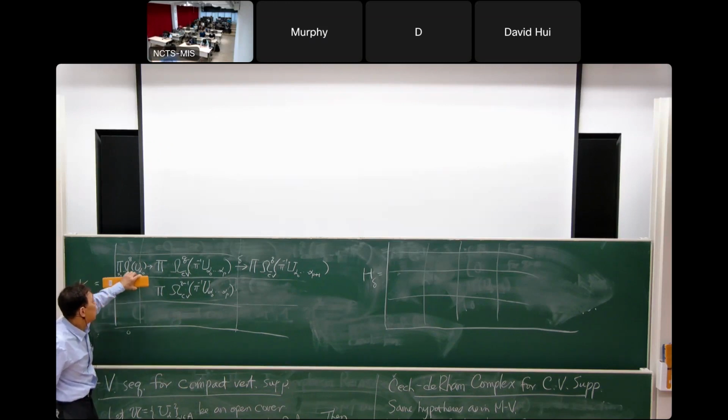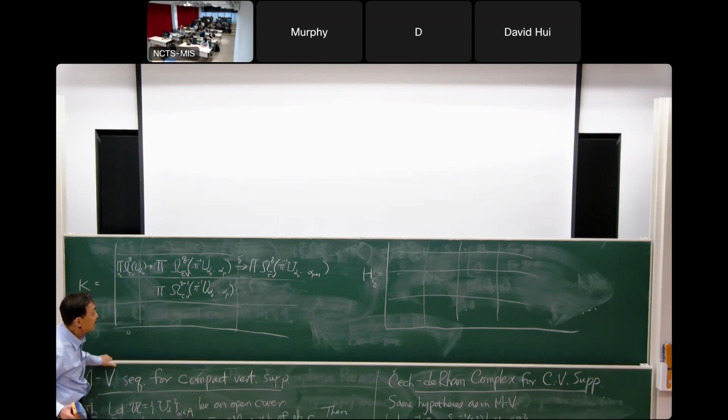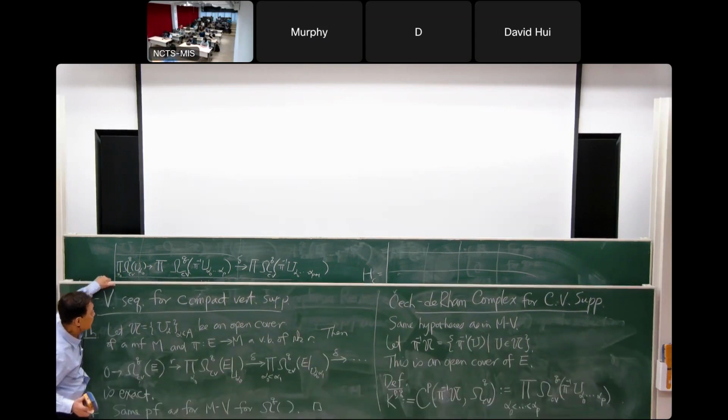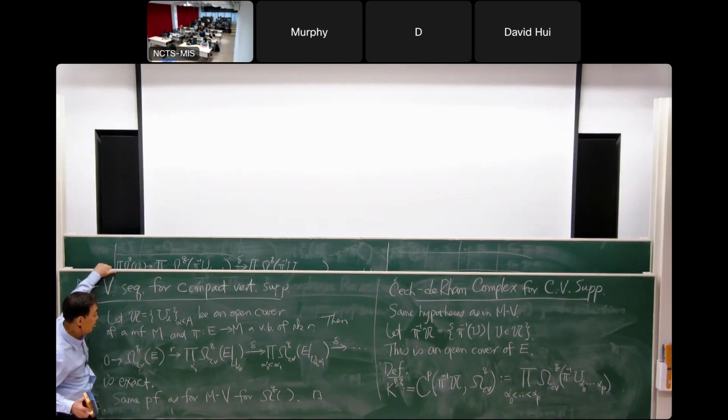What do you know about the rows? Is it exactly the same as the Mayer-Vietoris sequence? Yeah, it's just missing this term, right?